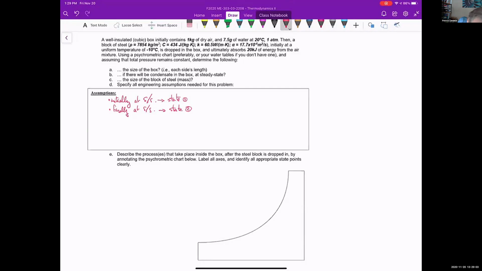Okay, we're also going to assume that the system is closed, because the box isn't specifically saying that nothing can go in or out. Because it's insulated, it makes it an isolated system.